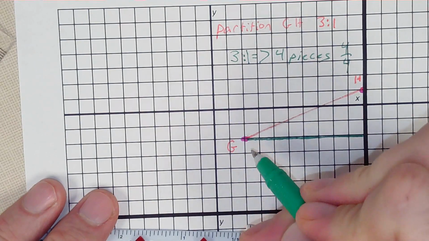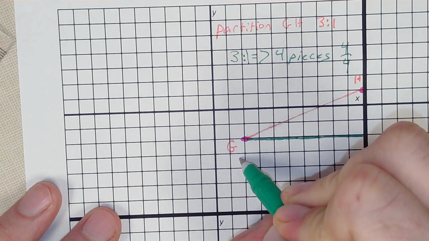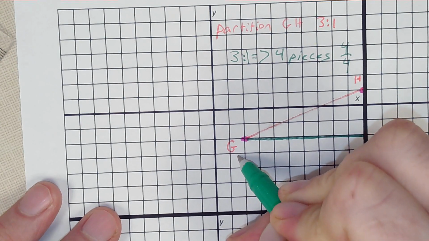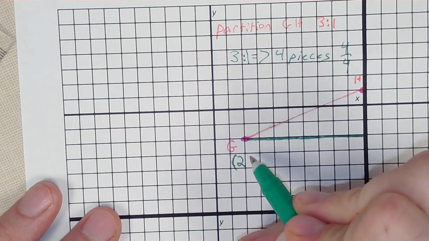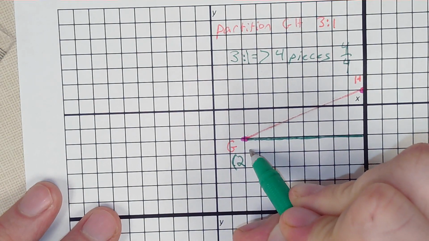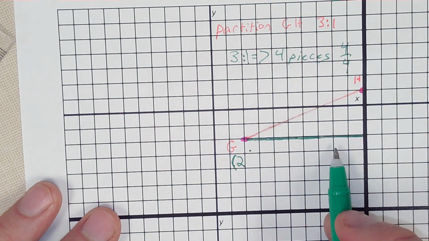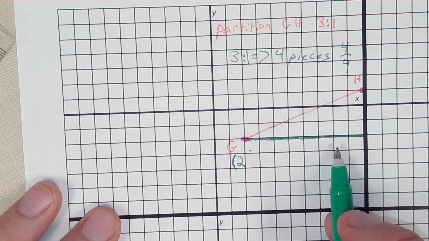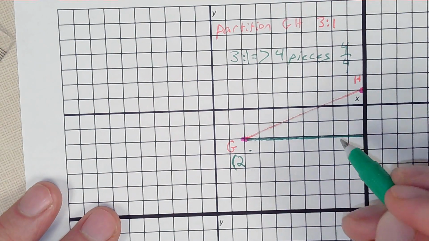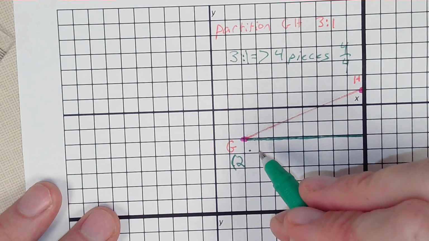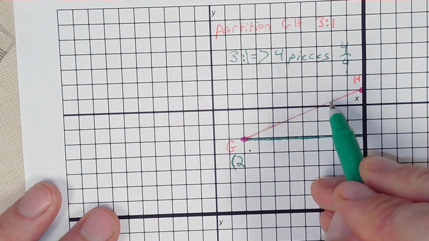Okay? And my X coordinate for G is 2. So 2. And 3/4 of that is going to be... so remember, whatever it's closest to gets the bigger number. Okay? So my partition is going to be closest to H. Right? So since this is closest to H, this is the farthest away from my partition, right?